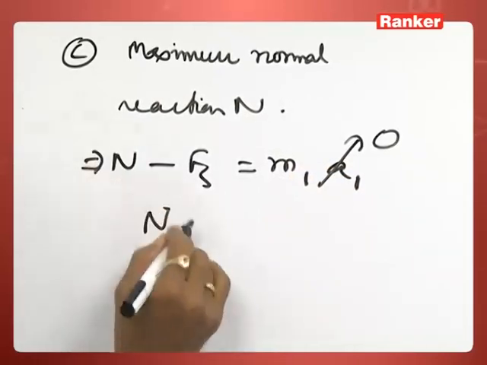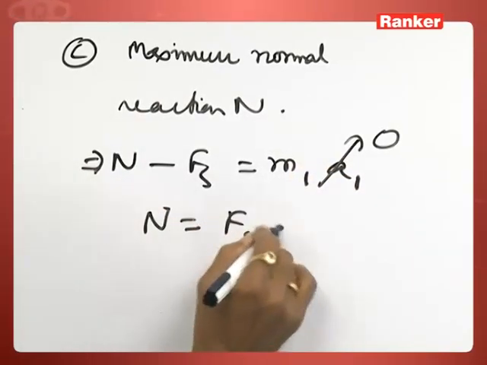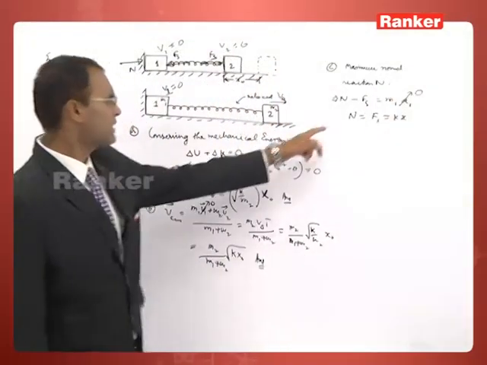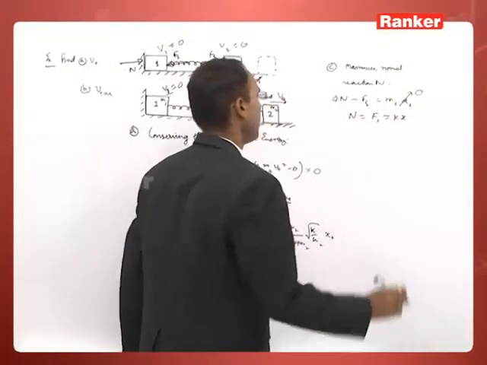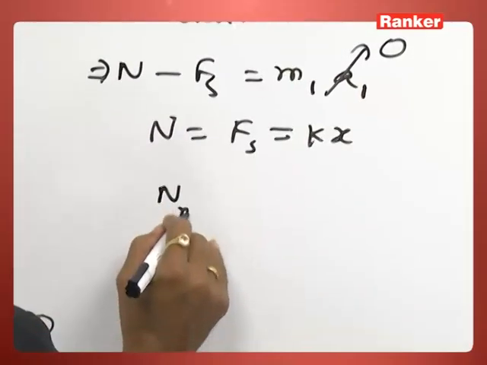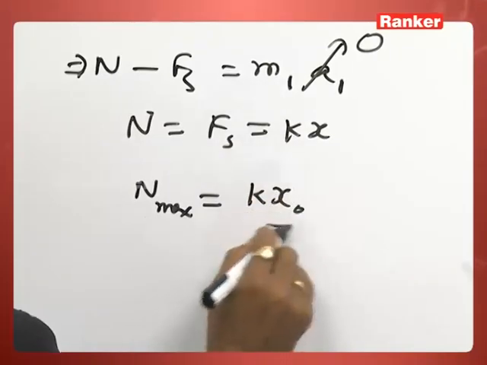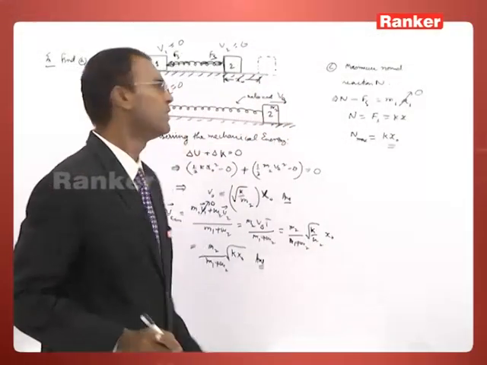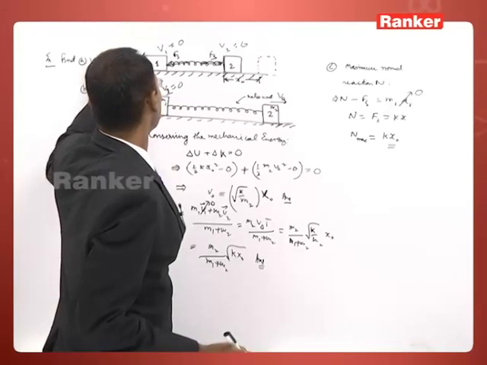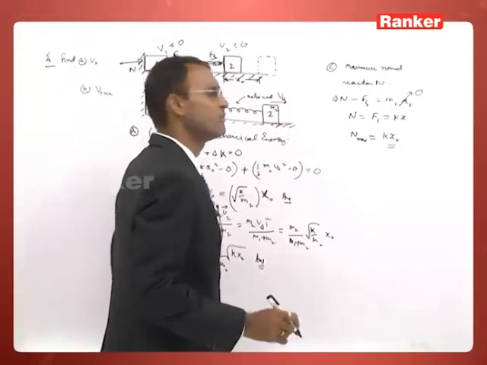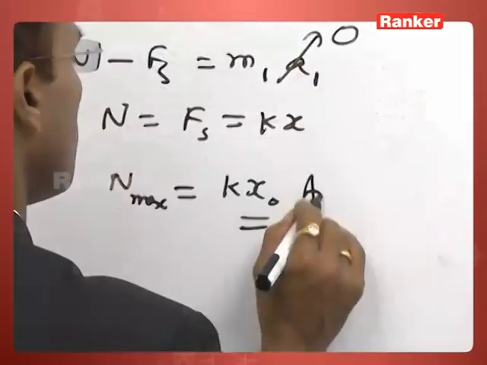So N is equal to Fs. Fs is equal to k into x. N is maximum only when x is maximum. So maximum value of N is equal to k times the maximum value of x, that is x naught. Initially, the vertical wall can give maximum pushing force.